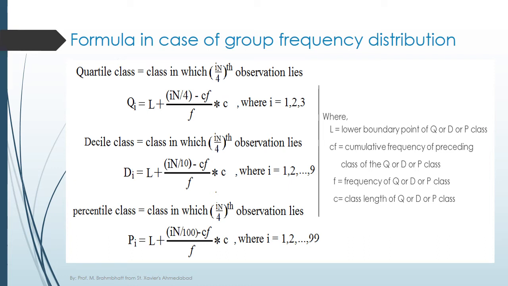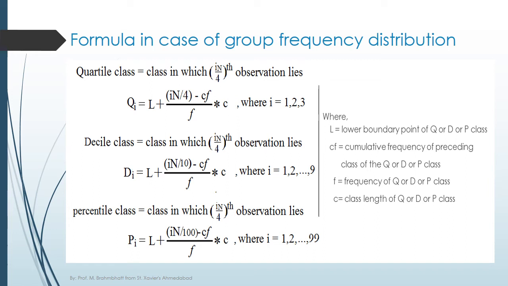Let's say for the quartile, you have to find the quartile class, the class in which the i into n divided by 4th observation lies, and then follow the formula of the quartile, which is L plus (in divided by 4 minus CF) divided by f, into c, where i is equal to 1, 2, 3. That means it is for the first quartile, second quartile, and the third quartile.